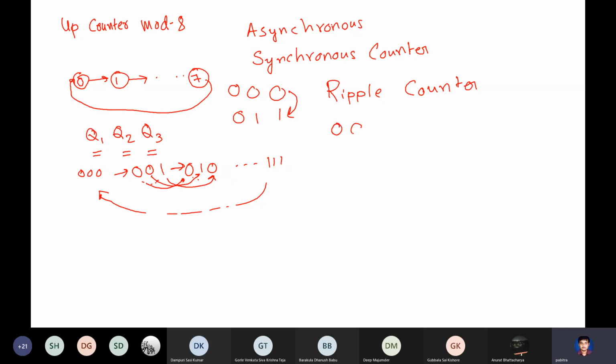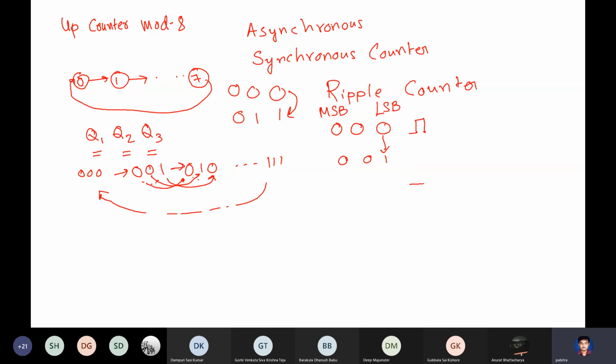Suppose I start with this. Let's say this is my LSB and this is my MSB. In clock cycle 1, only the LSB will change if required. So you will get this.